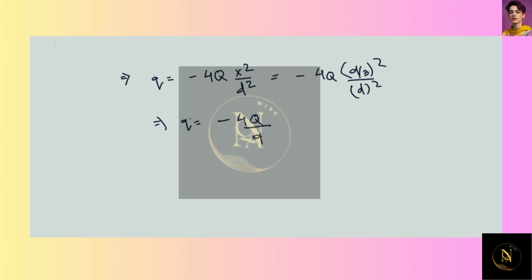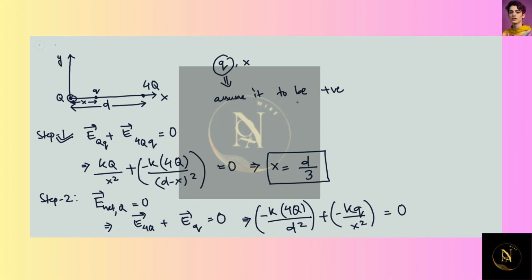so the sign of this charge is negative, and that is contradictory to our assumption. But yes, we considered that to be positive in order to help us with the equation, so that we can take a sign.